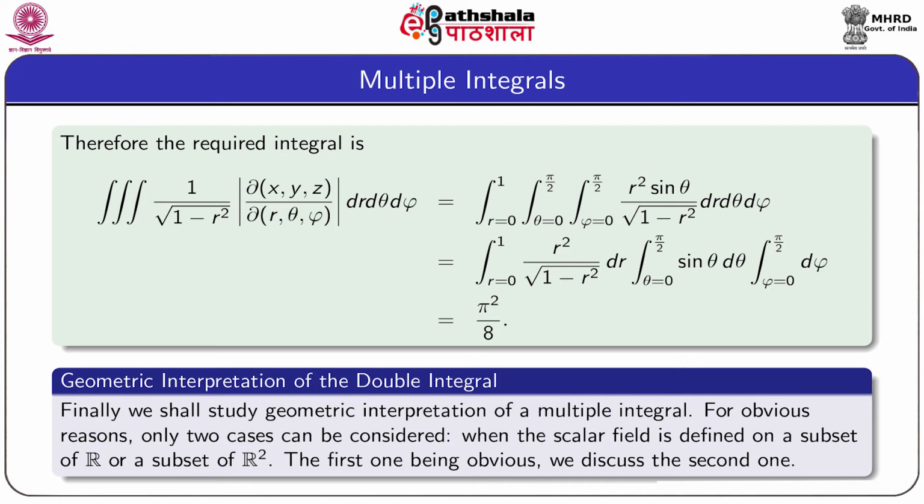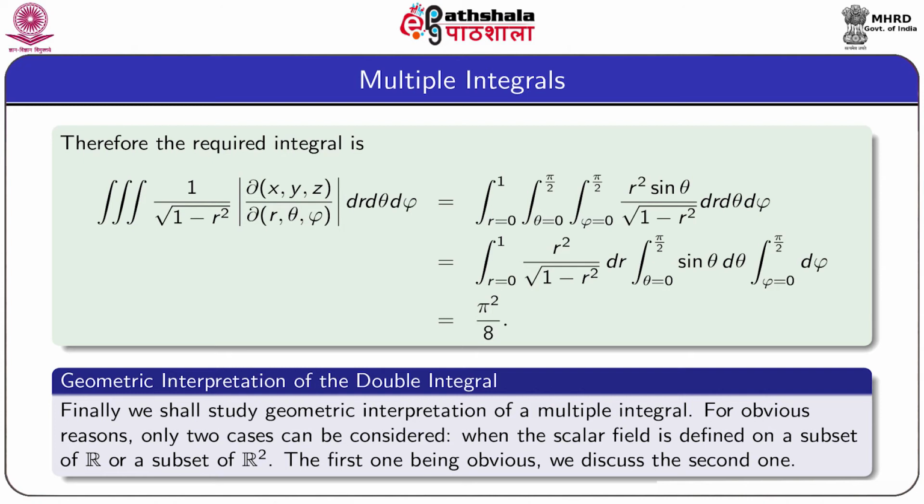Now we discuss the geometric interpretation of the double integral. Our intention is to study the geometric interpretation of multiple integrals. For obvious reasons, only two cases can be considered.